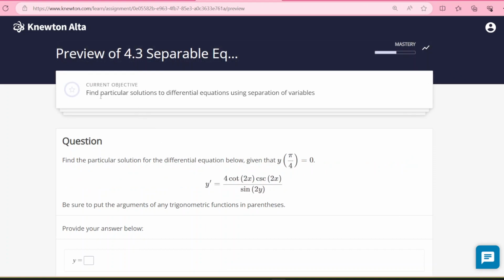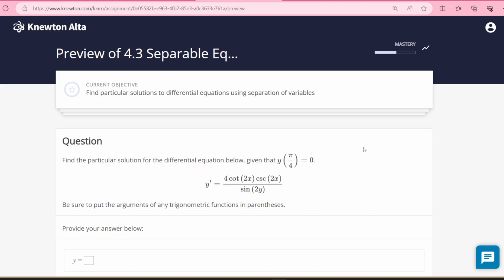All right. So the other objective that hasn't been touched yet, pardon me, find particular solutions to differential equations using separation of variables. So these are your initial value problems. You may recall these from section 4.1's video on the basics of differential equations.